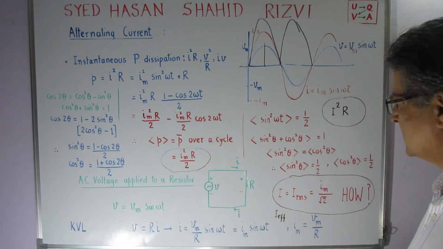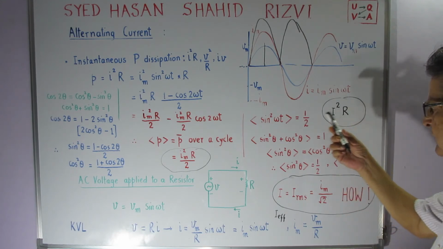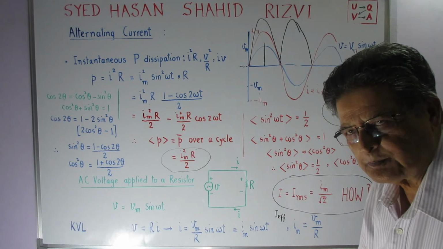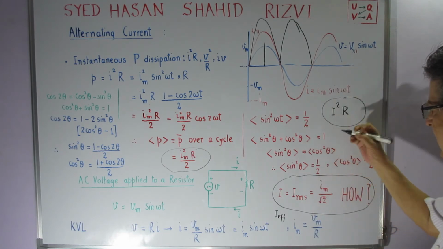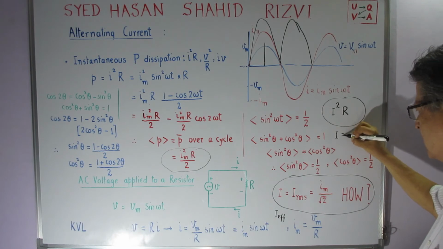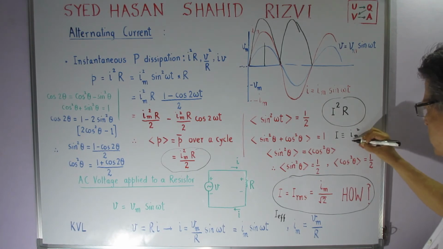Okay. So I can therefore say that the two can be equated: I square is equivalent to Im square upon 2.